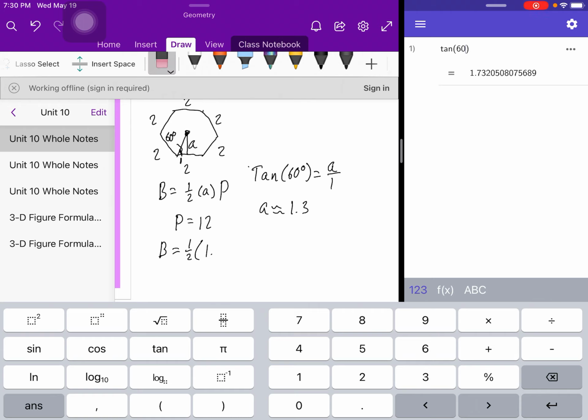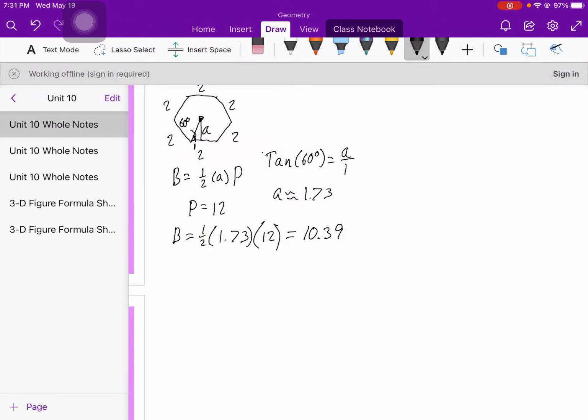Hold on. 1.73, and then multiply that by the perimeter, which is 12. So we can just use our answer that we had up here. 1 divided by 2, and then we're going to multiply that by 12. And we get about 10.39.